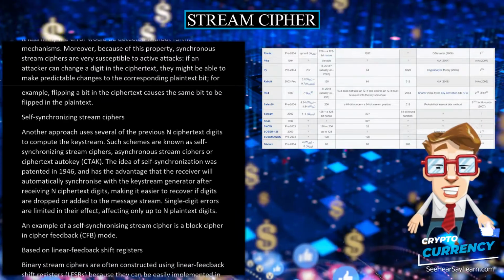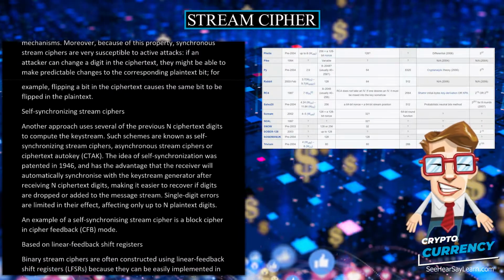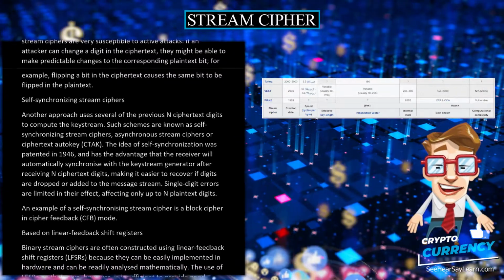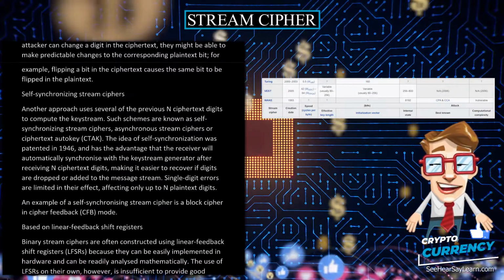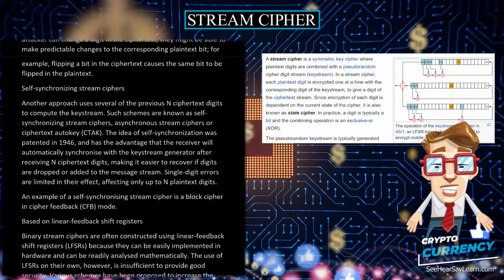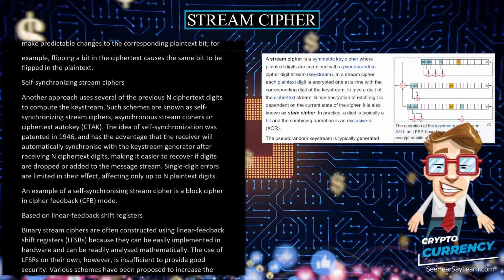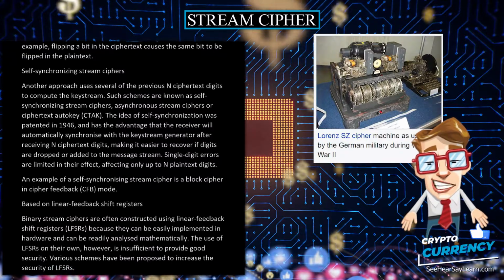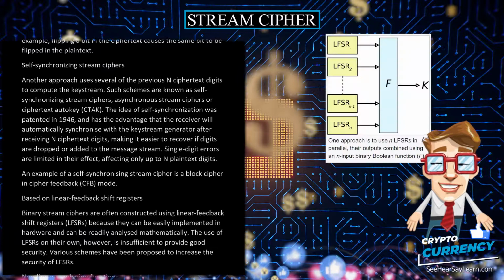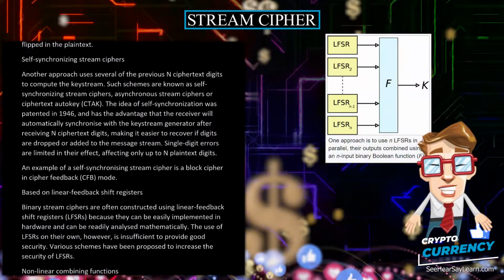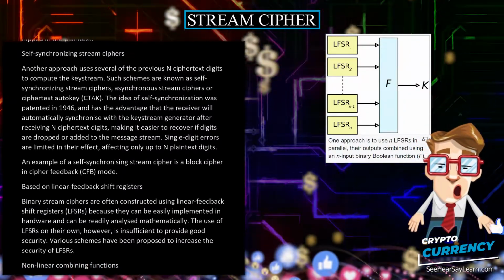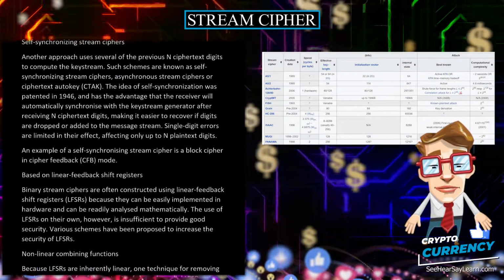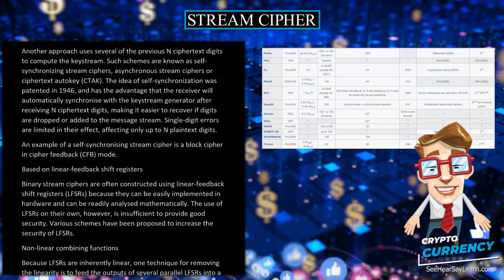The idea of self-synchronization was patented in 1946, and has the advantage that the receiver will automatically synchronize with the keystream generator after receiving n ciphertext digits, making it easier to recover if digits are dropped or added to the message stream. Single-digit errors are limited in their effect, affecting only up to n plaintext digits. An example of a self-synchronizing stream cipher is a block cipher in cipher feedback, CFB, mode.